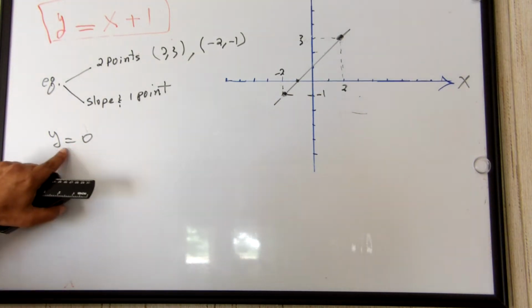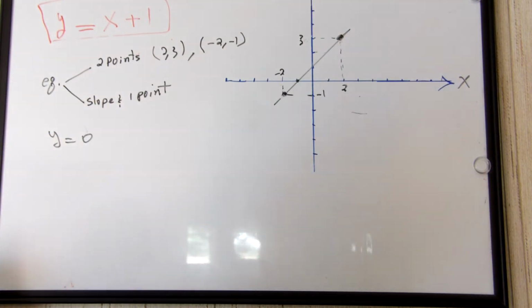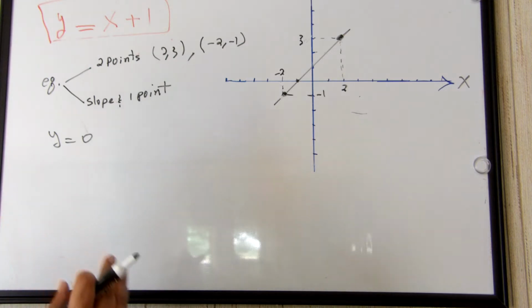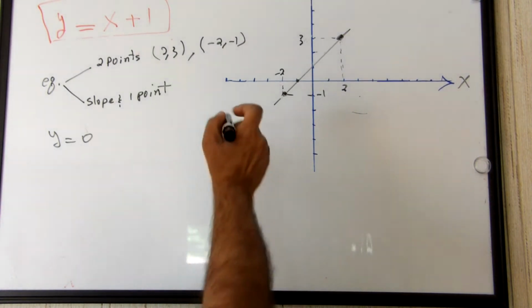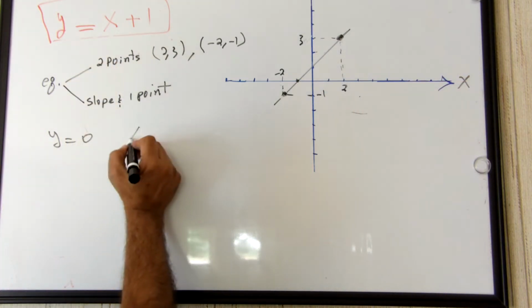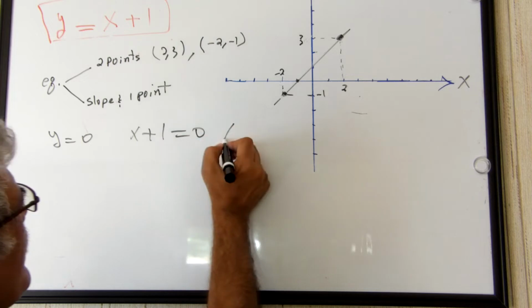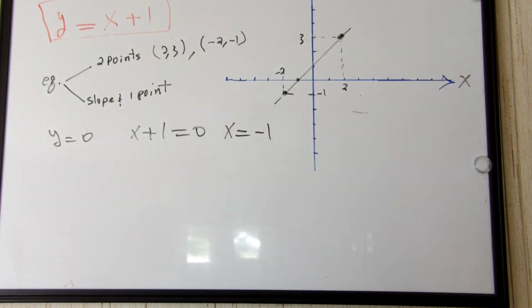If you set y equal to 0, you find the solution: what is the value of x that intercepts the x-axis? Putting y equal to 0, x plus 1 is equal to 0, so x is equal to minus 1.